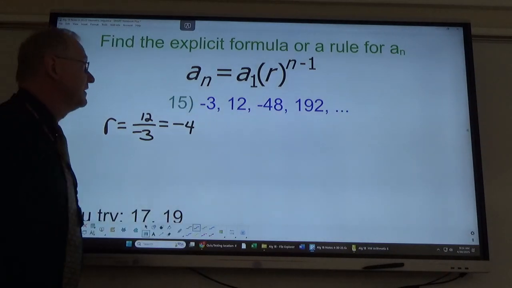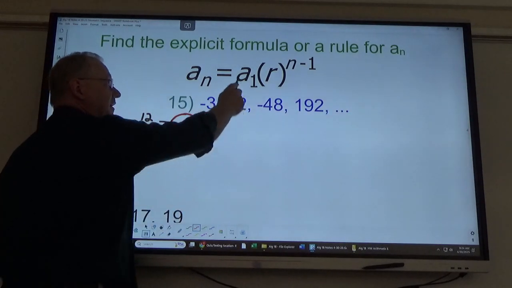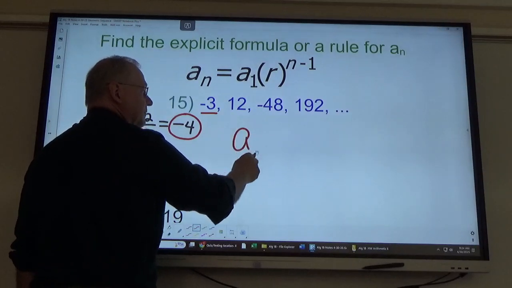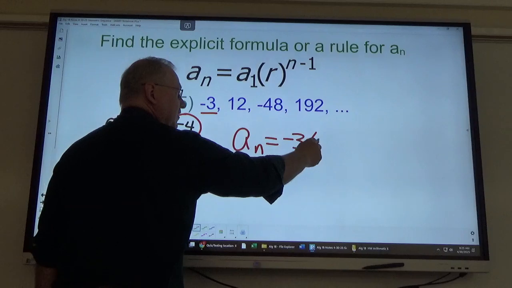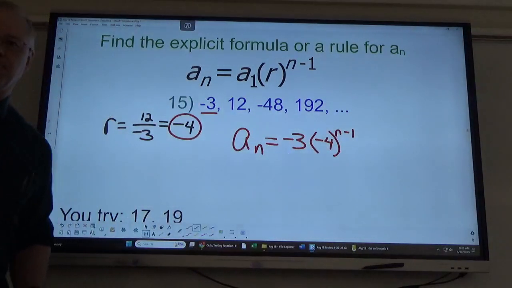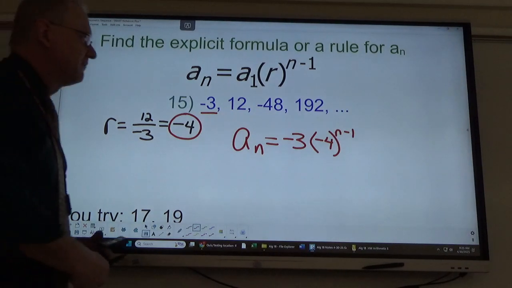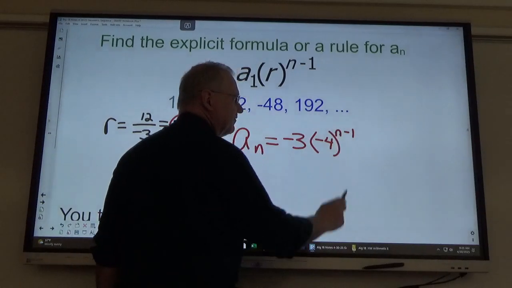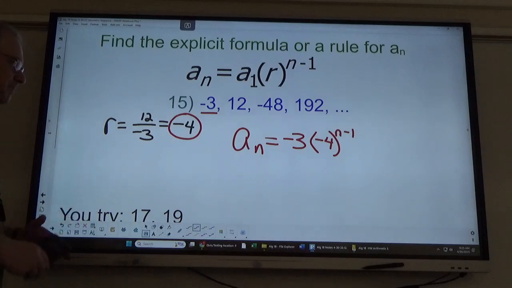Once I know what r is, I just have to use this first term and r and fill them in. A sub n equals the first term, -3 times r, -4 to the n minus 1 power. Unlike the arithmetic sequence, I'm not going to simplify the formula any further than what we already have here. That is as simplified as it needs to be for us to work with it.